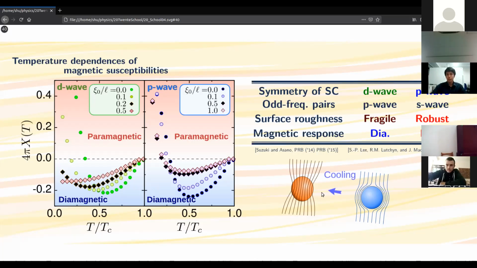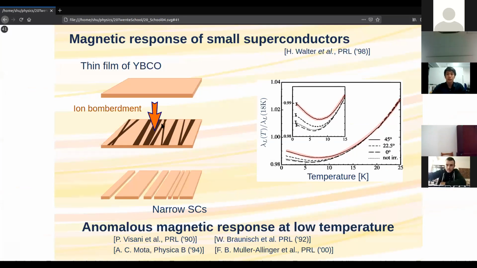This paramagnetic effect has actually been observed a couple of times in experiments. This is an experiment from '98.